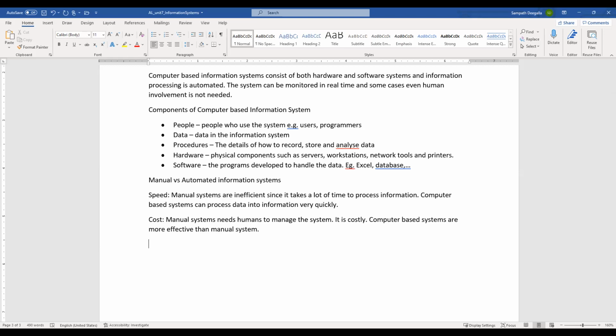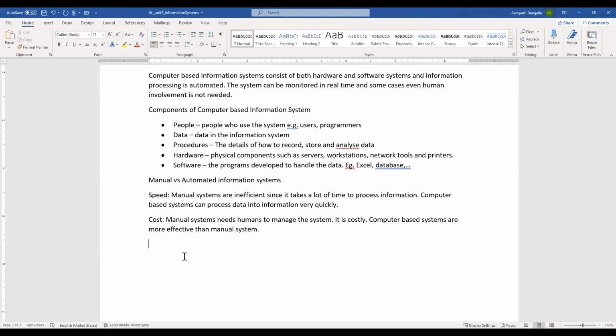Right? So we can write down multiple types of information systems. Now, for example, even the school systems, right? This is the next topic.